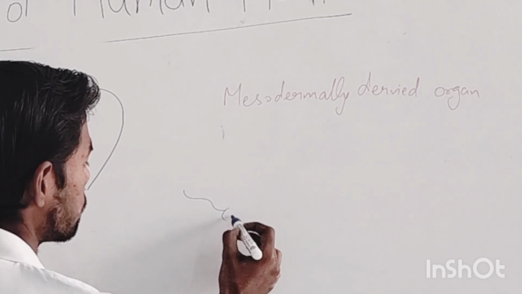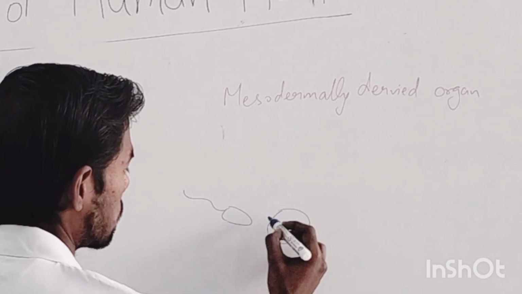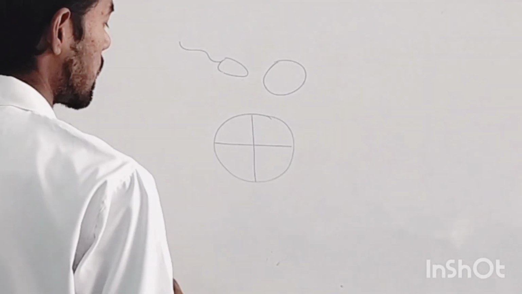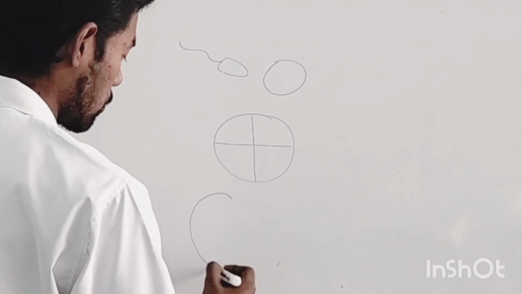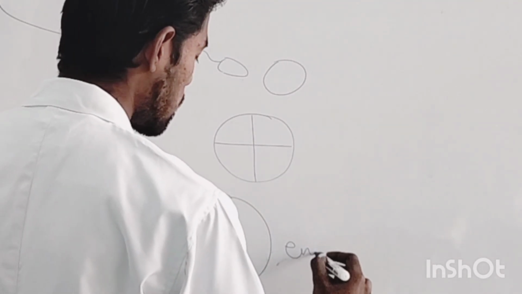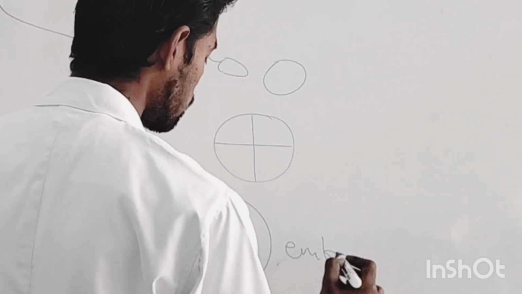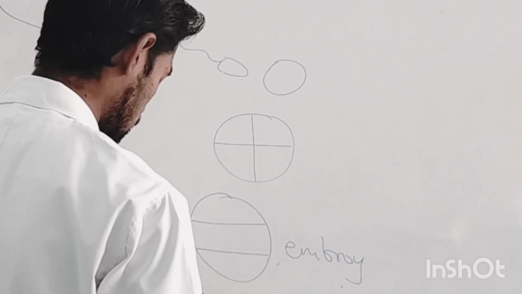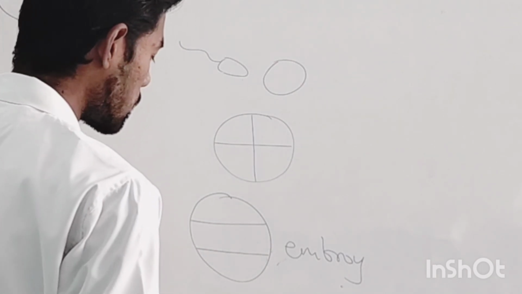Whenever a sperm meets an ovum, we make an embryo. Cell division occurs in the cells. Once it becomes the embryo, the embryo is divided into three parts. What are the three parts?